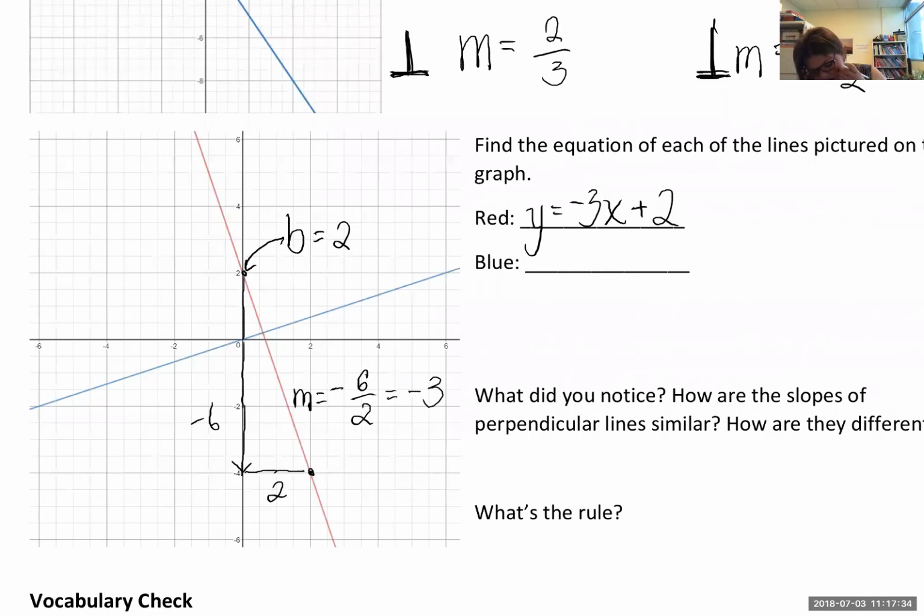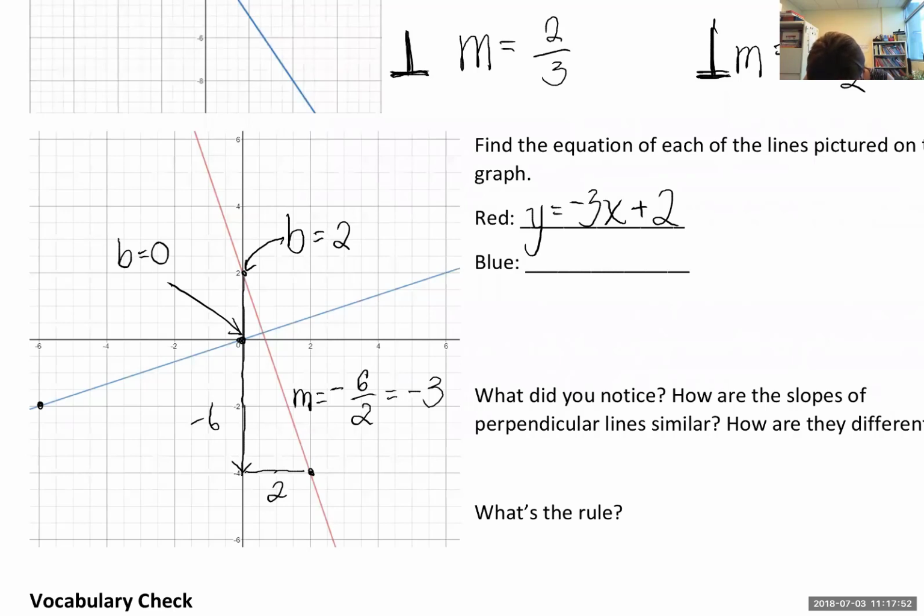Now let's look at this blue line. This blue line has a b of 0. It's crossing the y-axis at 0, but its slope, let's see. Again, I will not screw up the way I did last time. I will go from a corner point to a corner point. There we go.